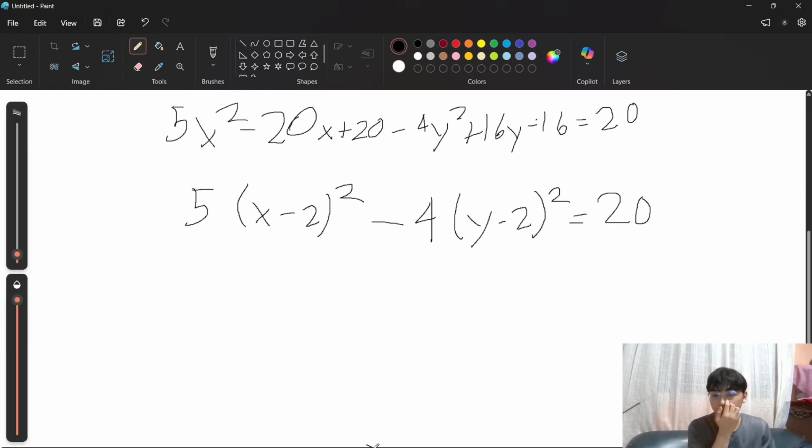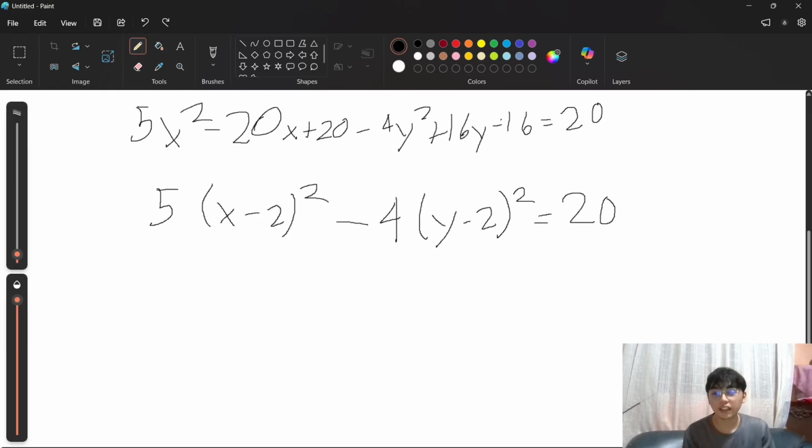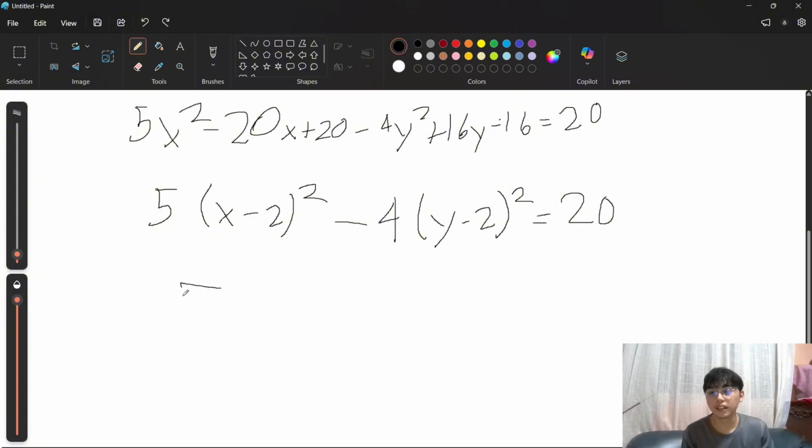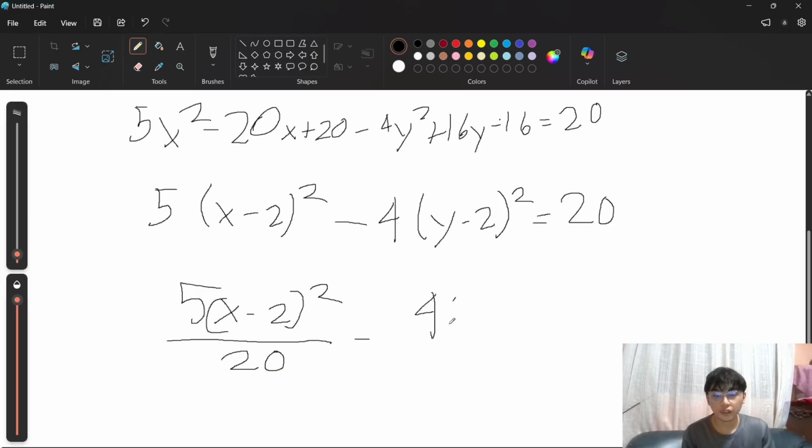Now let's turn this into a standard equation. So this would be 5 quantity x minus 2 squared over 20 minus 4 quantity y minus 2 squared over 20 is equal to 20 over 20. We divide by 20.